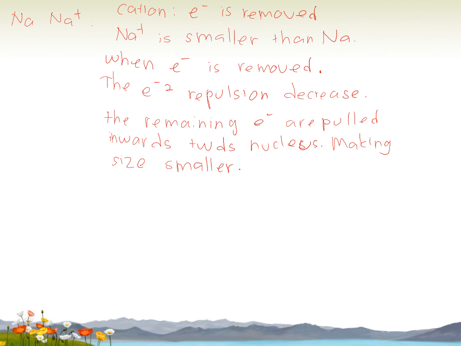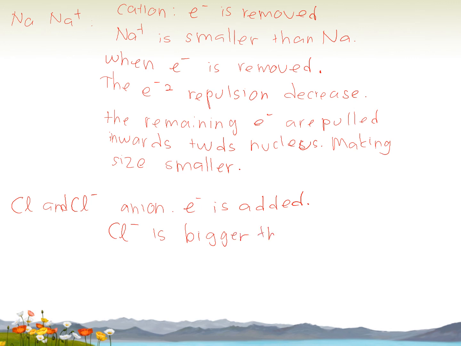Next is between Cl and Cl−. So for an anion, an electron is added. So you can say that the Cl− ion is bigger than the Cl atom. Why?